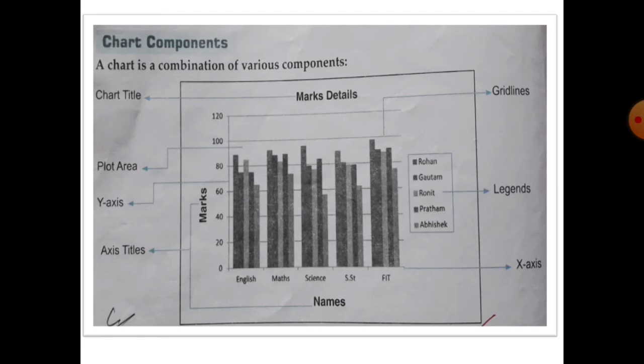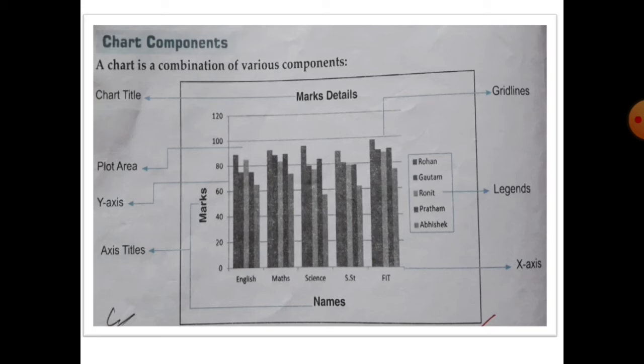So first is chart title. It is a descriptive text that appears at the top of the chart to tell what the chart is all about. Next is x-axis and y-axis. X-axis is also called a category axis.